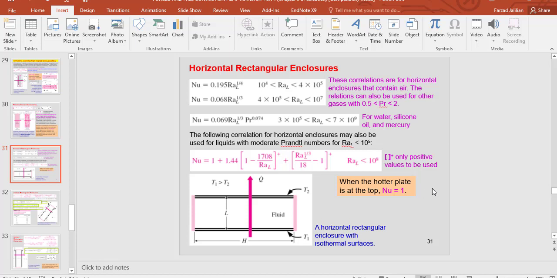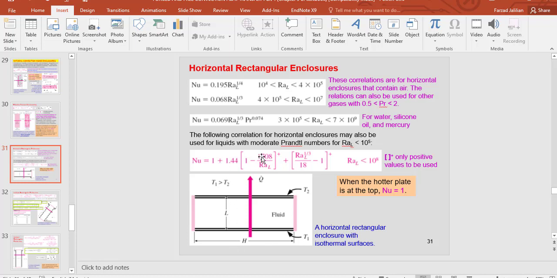So as you can see here, you should check this condition. You should calculate their Rayleigh number. You should find the Prandtl number for that specific fluid, liquid or gas. Then find the appropriate equation to calculate this Nusselt number for the enclosure with these characteristics.